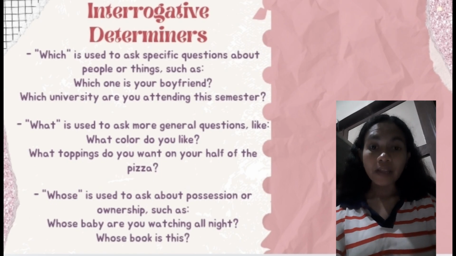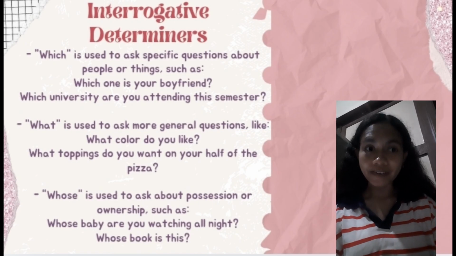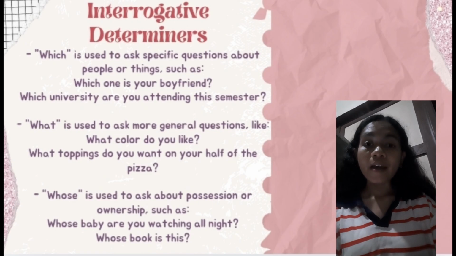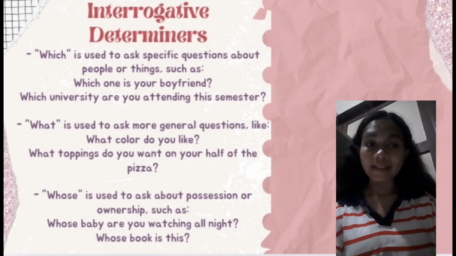Next is interrogative determiners, which are used to ask specific questions about people or things, such as which one is your boyfriend? Which university are you attending this semester? What is used to ask more general questions like what color do you like?